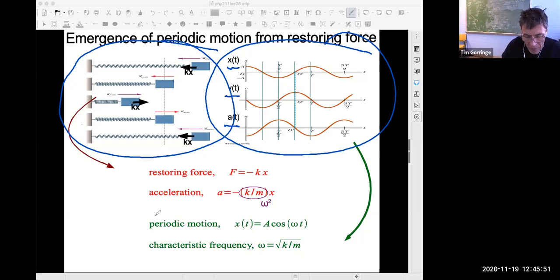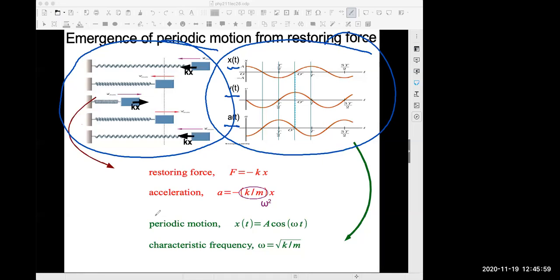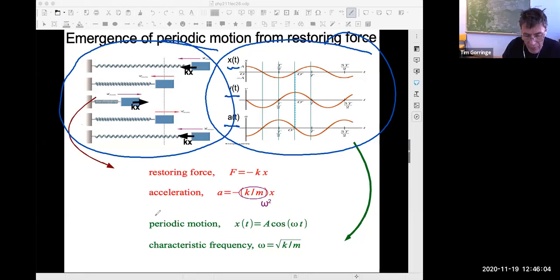Now, those oscillations of the mass on the spring have a characteristic frequency, a characteristic period that reflects the spring constant and the mass. And we saw how that characteristic frequency emerged from the restoring force.